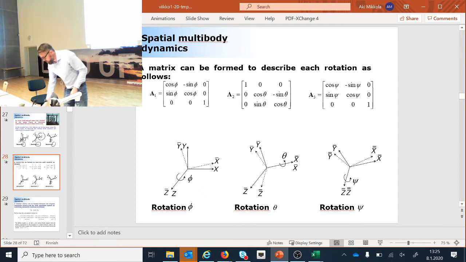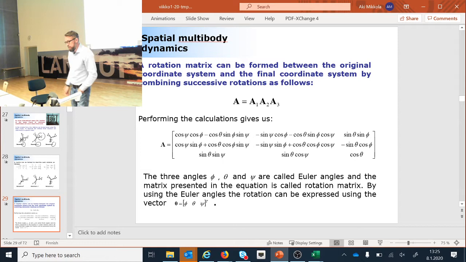Okay? So then how does it go? Well, it goes like this. You have here these previously described 3 by 3 rotation matrices. You multiply them together, and then you can have a relation between the final configuration and original configuration. What's this relation between the final and original?